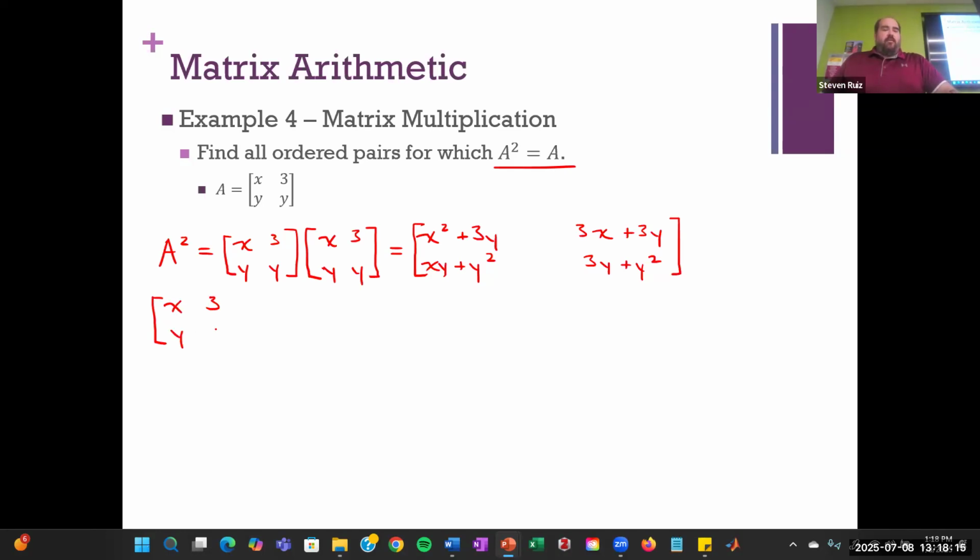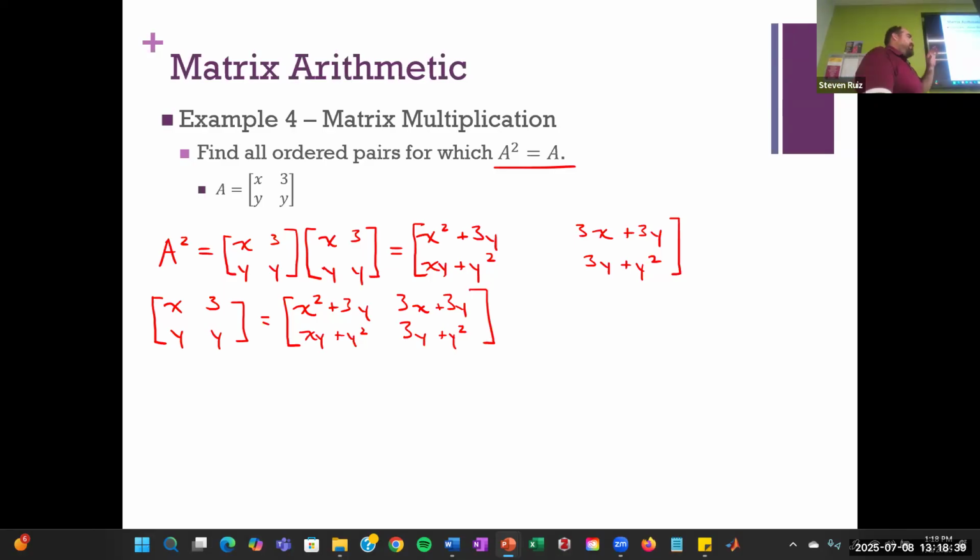The matrix x, 3, y, y equals this matrix that we just put together: x squared plus 3y, 3x plus 3y, xy plus y squared, 3y plus y squared. Okay. Do you have a suggestion?